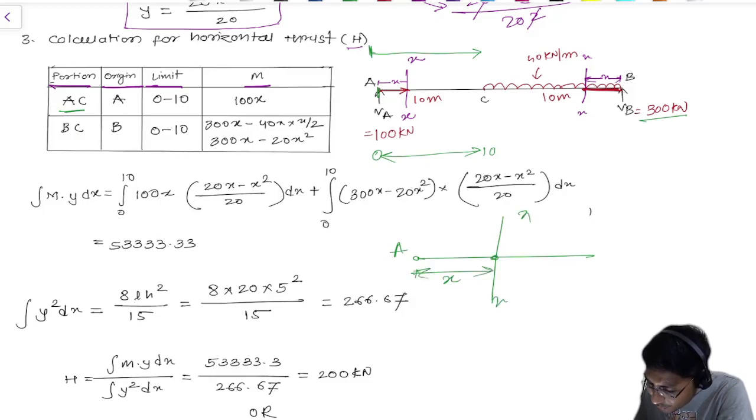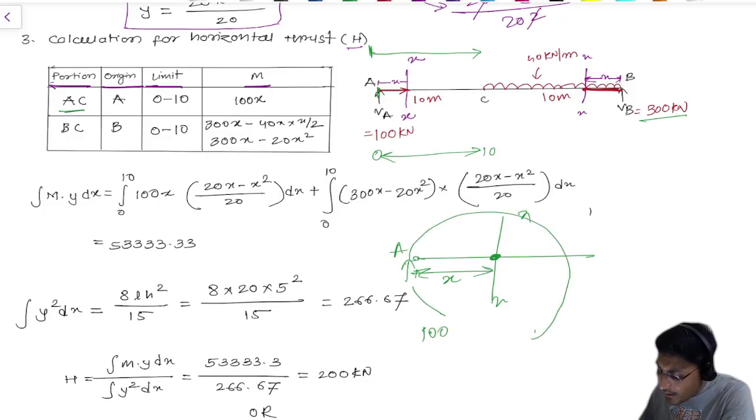So you need to take the moment at this point. We have a VA which is 100 kilonewton, moving in a clockwise direction with a distance of x. It means 100x is the moment, so that's why I have mentioned 100x over here. I hope you understand this.